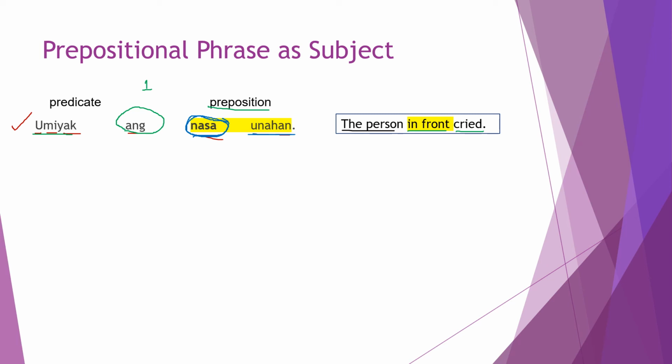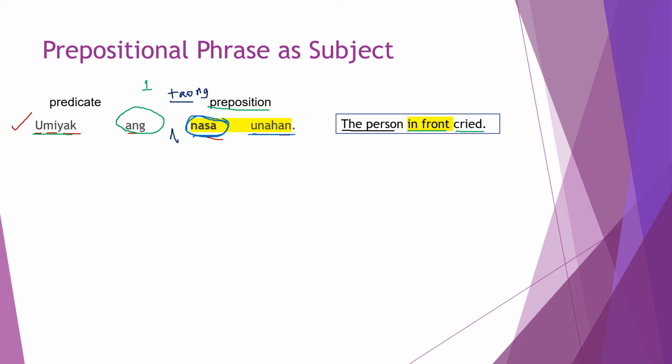So, yeah. Even though we don't have really the translation for this, the person in this sentence, we can guess that it's a person who cried in front. But if you really want to put the word the person, we can say umiyak ang taong nasa unahan.